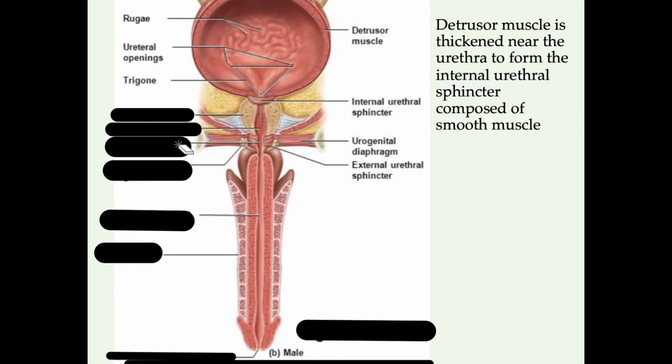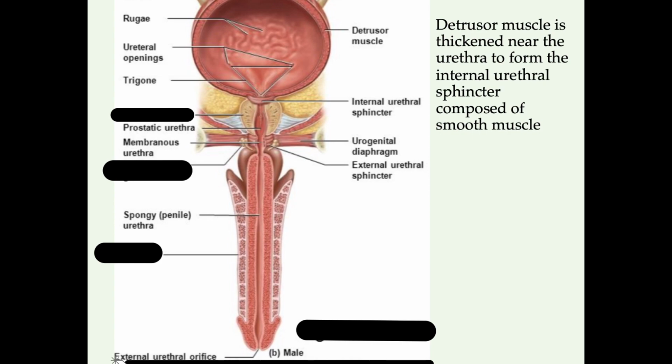So we'll first talk about the three regions of the urethra, which include the prostatic urethra, the membranous urethra, and finally the spongy penile urethra. And that is how urine is excreted throughout the urethra, starting from the prostatic urethra to the membranous urethra and all the way to the spongy urethra, in which it'll be excreted out through the external urethral orifice.